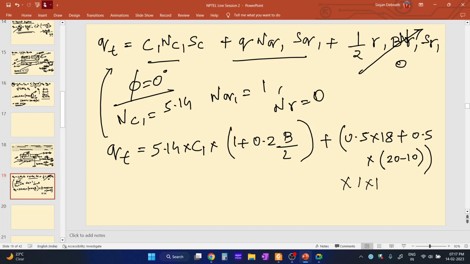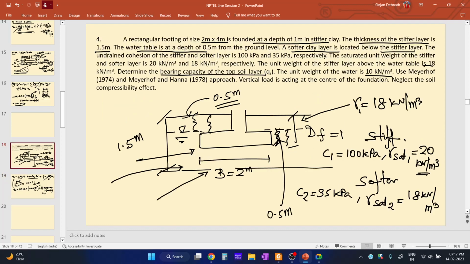Now if we solve this, we know the value of B. B is the breadth of the footing, that is 2 meter, and L, the length of the footing, is 4 meter.